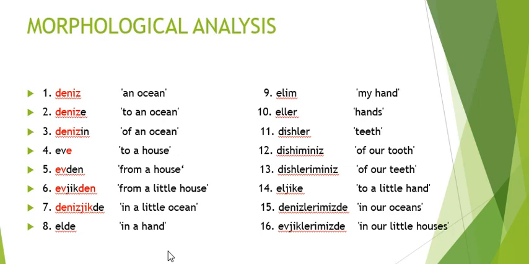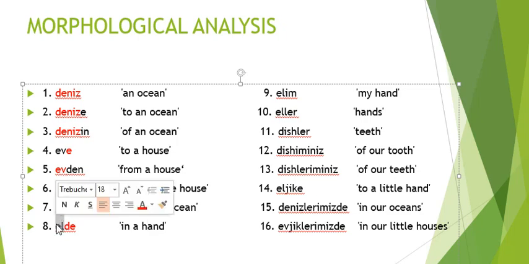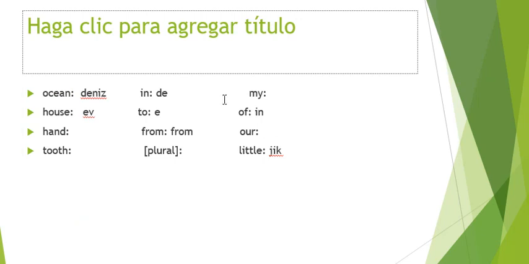Now you can continue analyzing it. Now you know the meaning of in Turkish. In is de. So you cross it out, and that means that hand in Turkish, or a hand in Turkish, because we don't have a singular marker in Turkish, is logically el. Okay, so now you have found the other morpheme for another word.